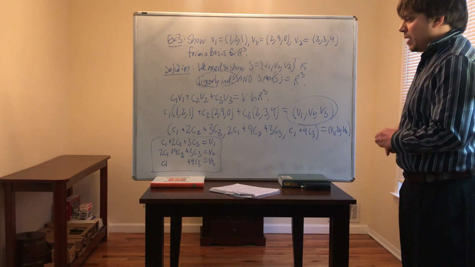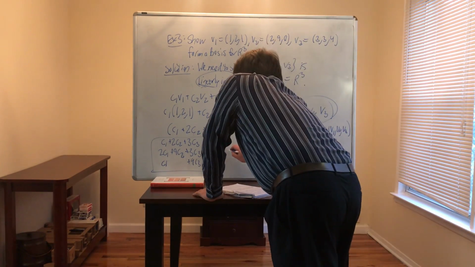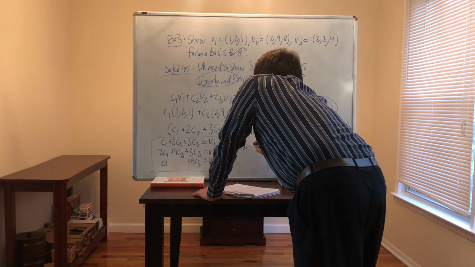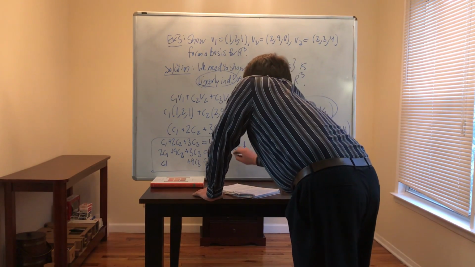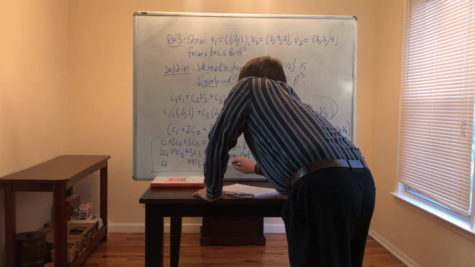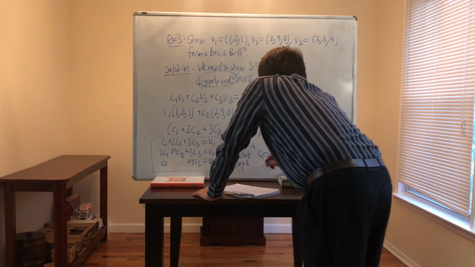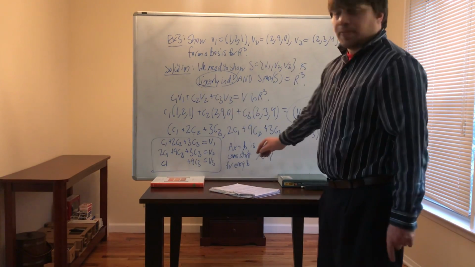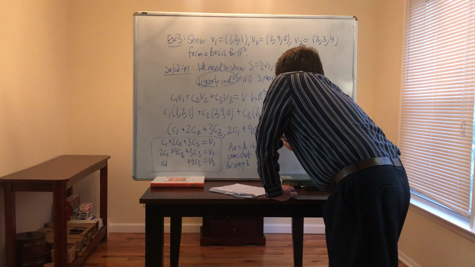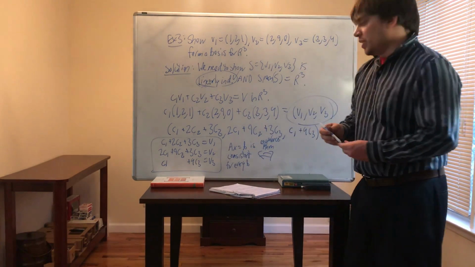Okay. Now, we have a theorem that says that if Ax equals b is consistent for every b, that's equivalent. It's the equivalence theorem, which is a lot of different statements that all have the same truth value.